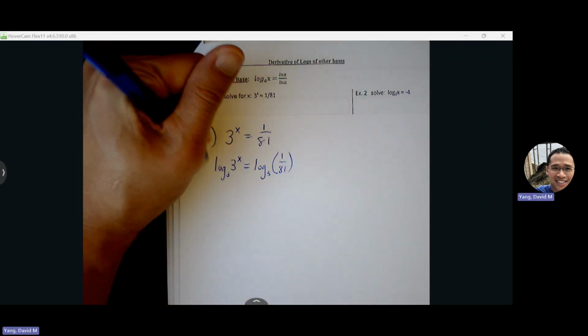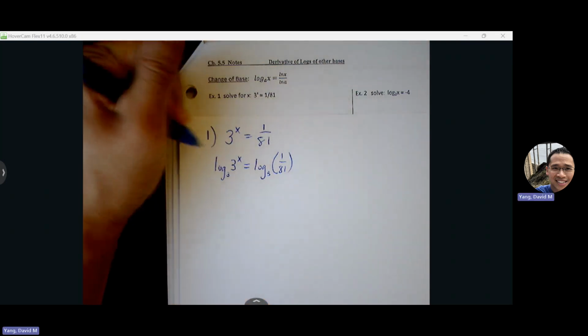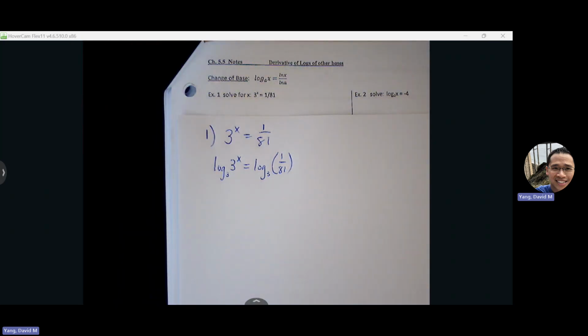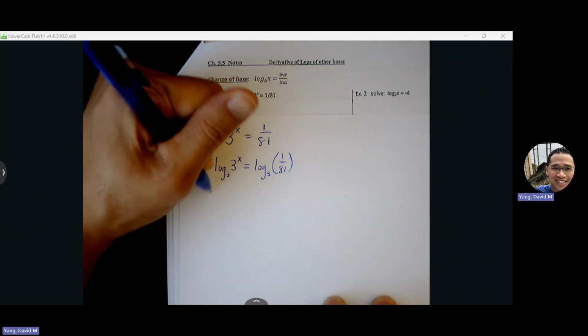Also the x will come down in front because this is part of a log property. So log properties are not just restricted to natural log. It can be logs of other bases, log base 2, log base 5, log base 7. They all share the same properties. So this x comes down.